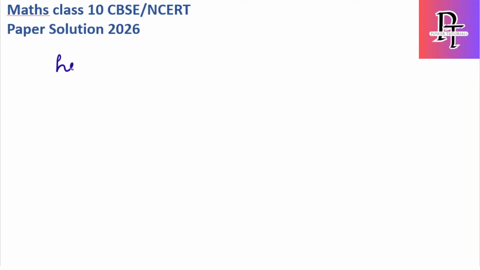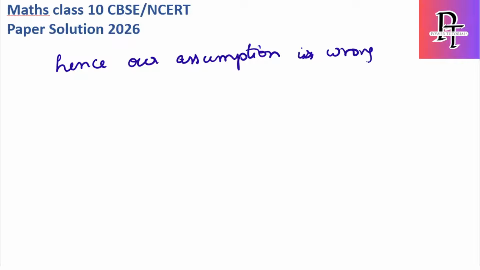Hence our assumption is wrong. Therefore root 2 is irrational.